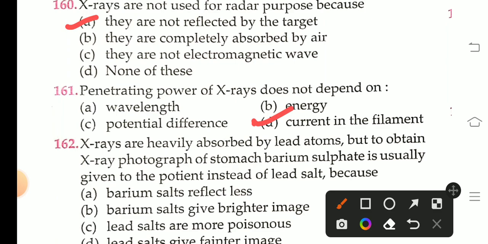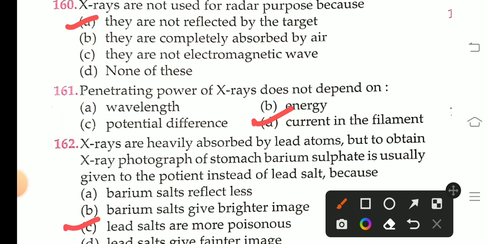Next, X-rays are heavily absorbed by lead atoms, but to obtain X-ray photograph of stomach, barium sulfate is usually given to the patient instead of lead salt because lead salts are more poisonous.